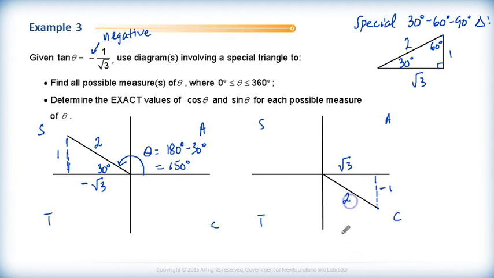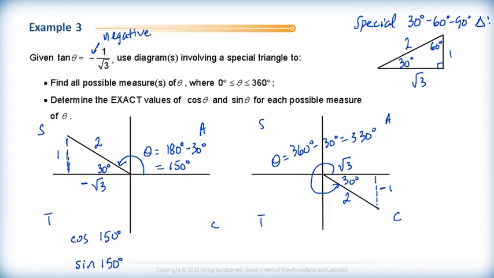We have our 2 down here. Our reference angle is 30. So now we can figure out the value of theta in that case is 360 minus the 30, which is 330 degrees. The last part of this problem is to find the cosine and the sine of each of those angles.